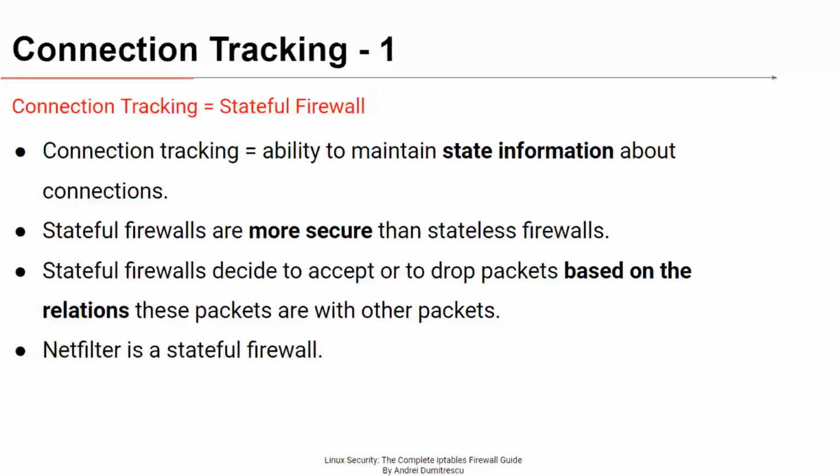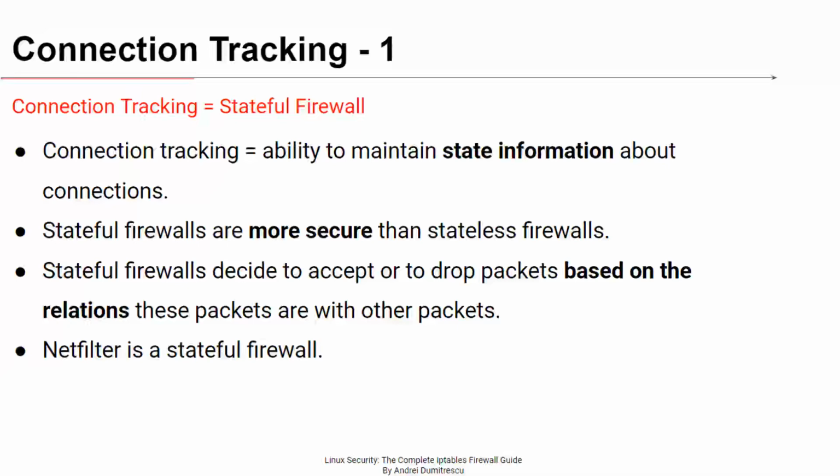NetFilter has a module called conntrack that permits us to inspect and restrict network connections using a method called connection tracking. Connection tracking refers to the ability of maintaining state information about a connection in memory tables.